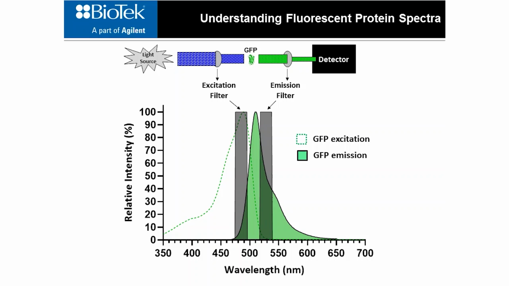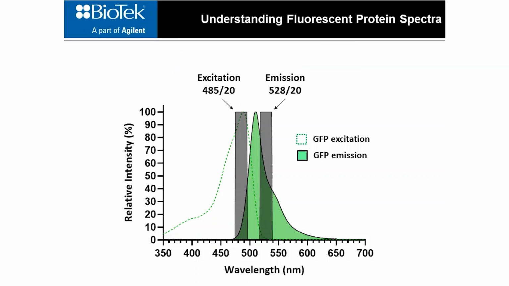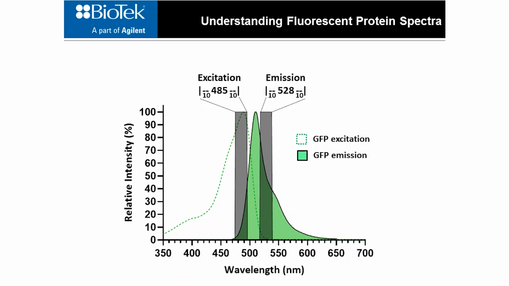Now, a few words on the emission filters. The filters are given by this value. In this case, it's 485/20 for excitation, where the emission is 528/20. What those values mean is that you have a central wavelength of 485, and the 20 is really 10 on both sides.